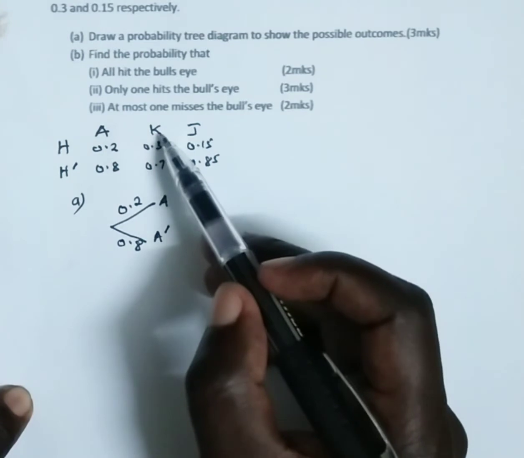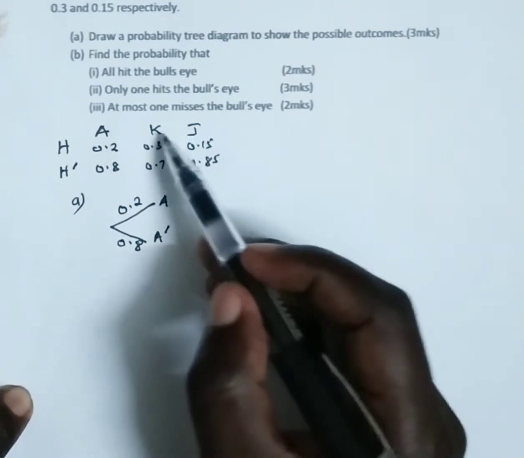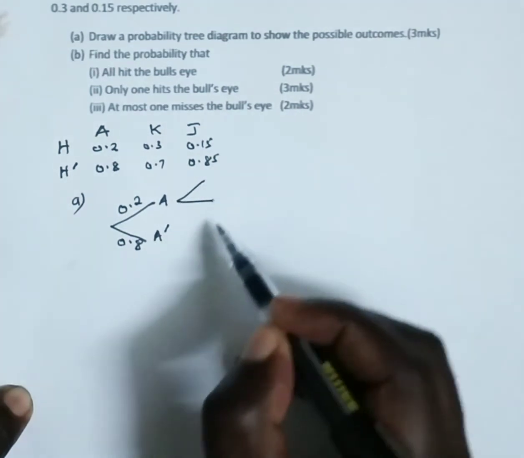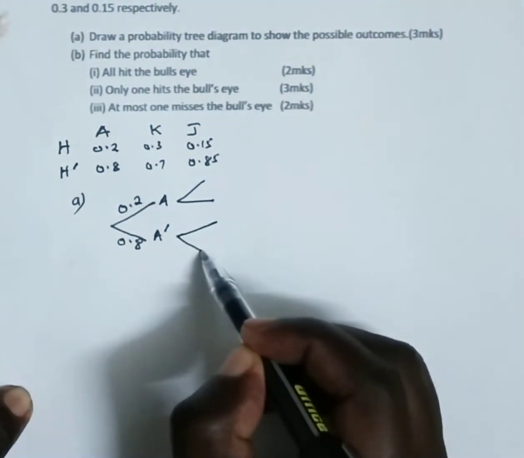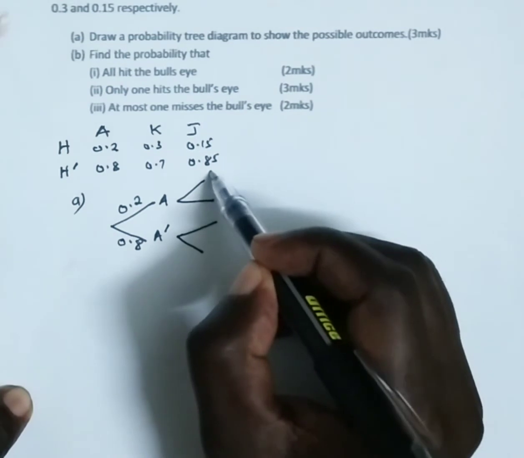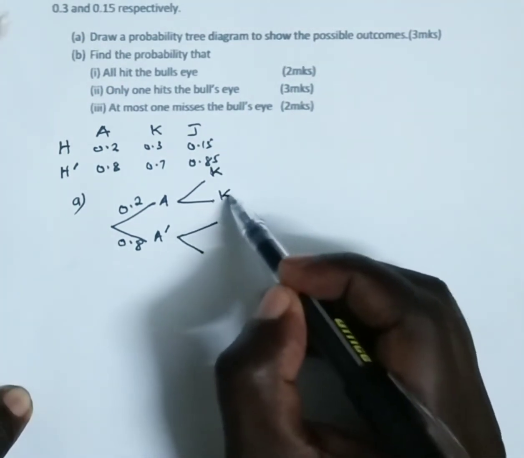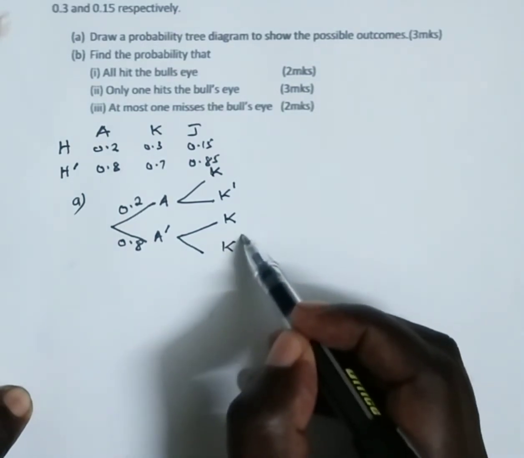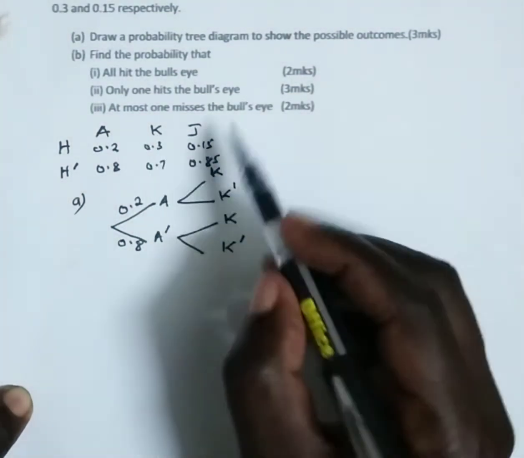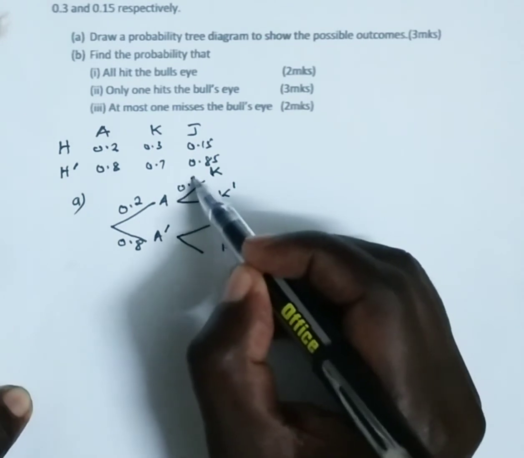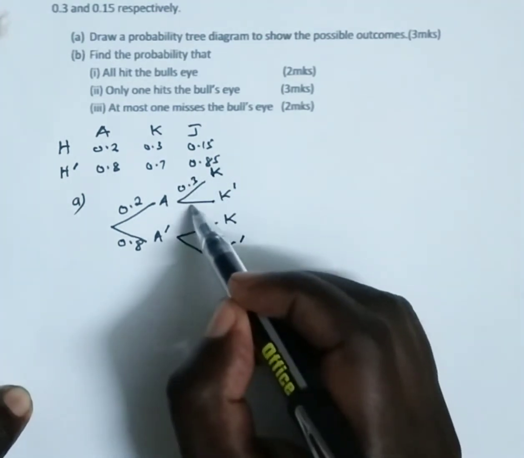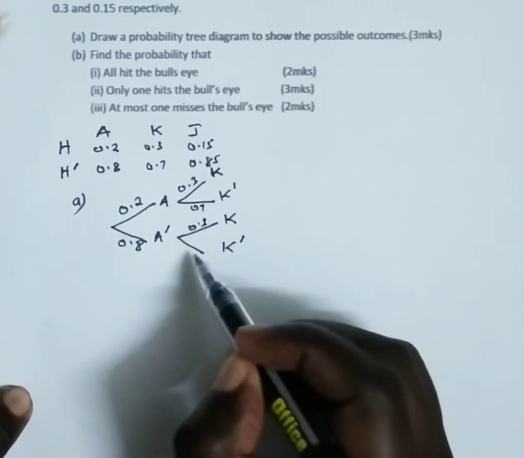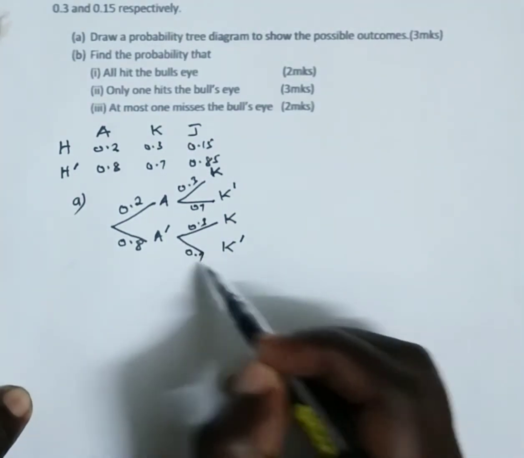We have Kamau, and in total now we have 2 people with 4 outcomes, and therefore we are going to have 4 branches. That is, Kamau hitting, Kamau not hitting, Kamau hitting, and Kamau not hitting. Hitting is 0.3, not hitting becomes 0.7.